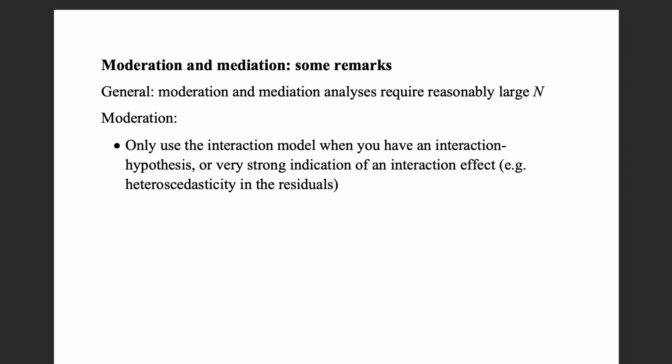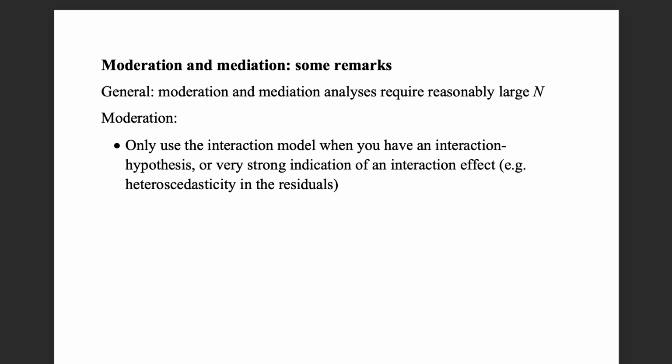The other situation you can consider it is if you maybe don't have a strong theoretical reason to expect an interaction effect, but you see clear indications that there may be one. That would happen when you inspect residuals, like we discussed last week, and like I showed you in the example syntax that's posted on Brightspace.